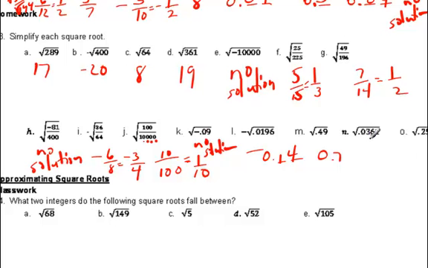Square root of 0.0361 is 0.19. You'll have 2 decimal places to make 4 in your perfect square, and 19 times 19. And the last one, square root of 0.25, is 0.5.